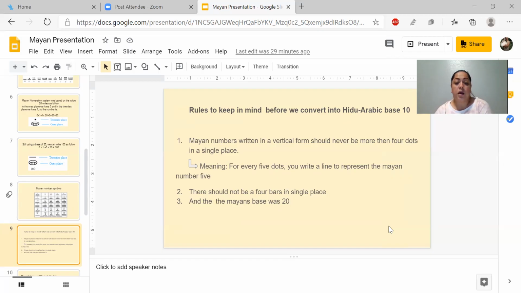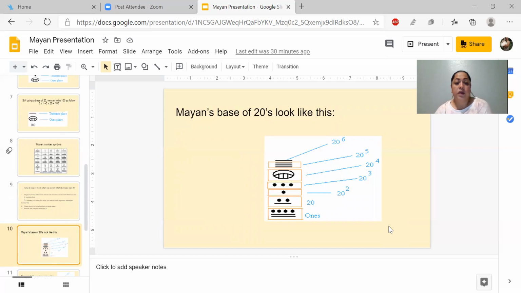There should be no more than 4 bars in a single place, and remember that the Mayan base is 20. So again, we see the Mayan base here: the ones, the 20s, the 20 squared, and all the way up to 20 to the 6th power.